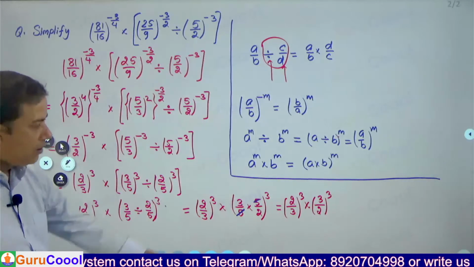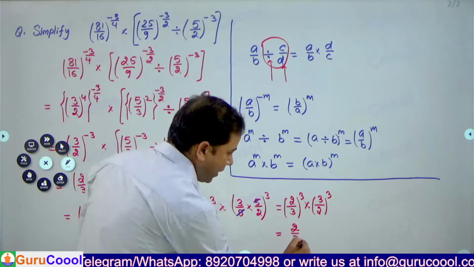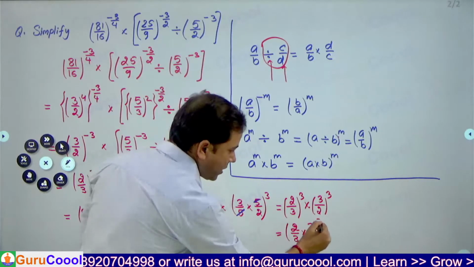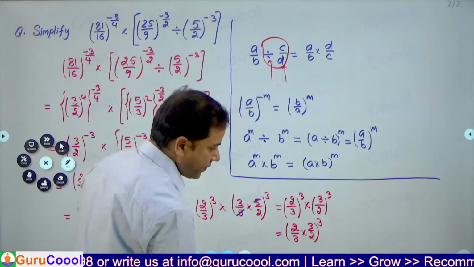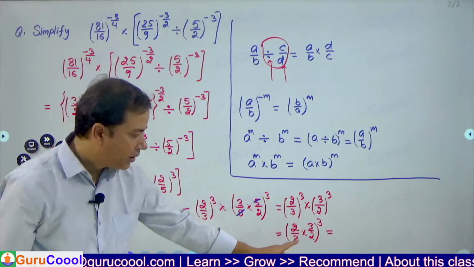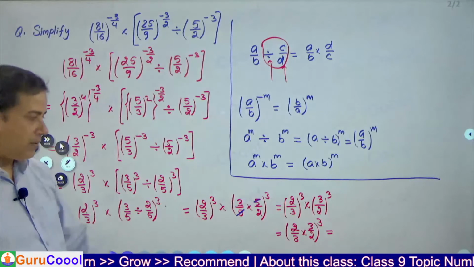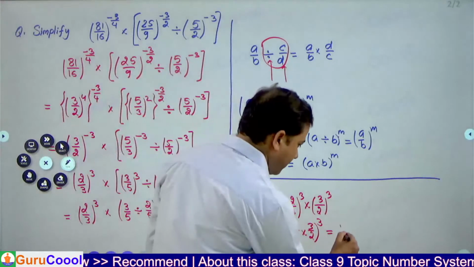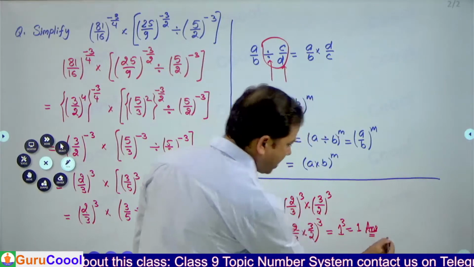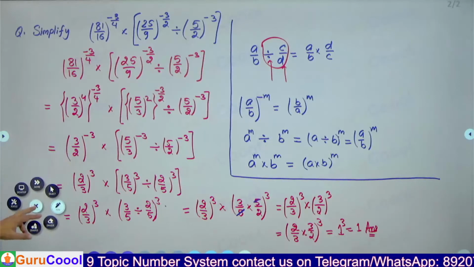That's the rule. Let's follow this rule here: multiply the two bases, 2 by 3 into 3 by 2, and write the power only once over them. If you multiply 2 by 3 and 3 by 2, what do you think you will get? 1. So 1 raised to the power 3 is just 1. Done. Final answer came.